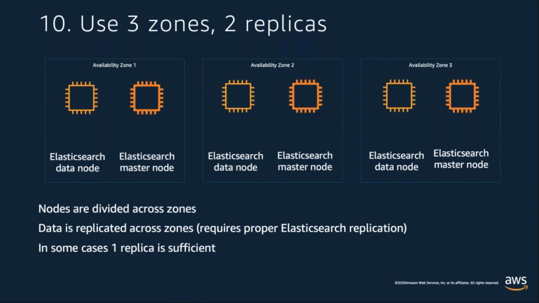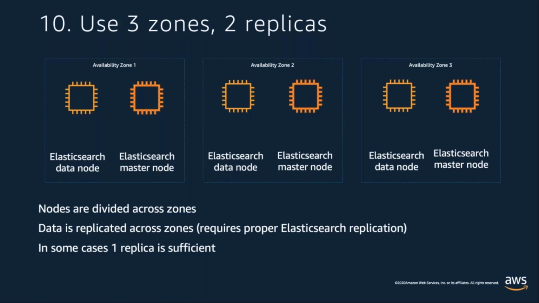So we generally see customers using 1 replica across 3 zones, but you should know that the more durable solution would be to use 2 replicas. We divide the nodes evenly across the zones, and then the data is replicated across the zones. So we ensure that Elasticsearch has a copy, a primary or replica, for each of the shards go into each of these zones.